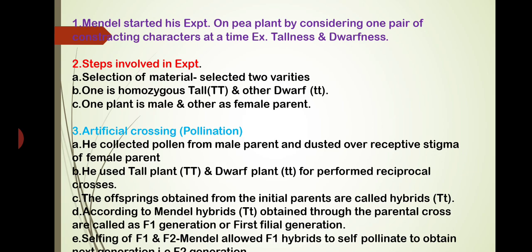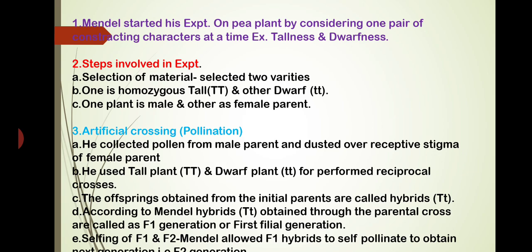The next step is the artificial crossing, known as pollination. Mendel collected pollen from the male parent and dusted it over the receptive stigma of another plant, the female plant. Mendel also used a tall plant and dwarf plant to perform the reciprocal cross. The offspring obtained from the initial parents are called hybrids. Suppose he did the experiment capital T crossed with small t.